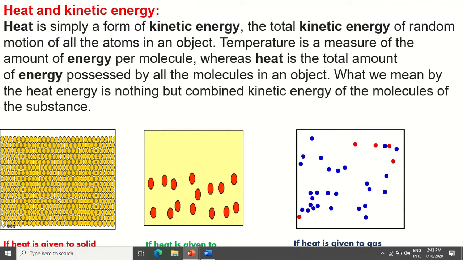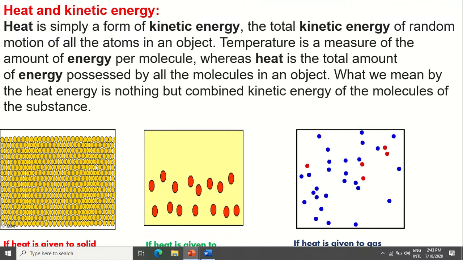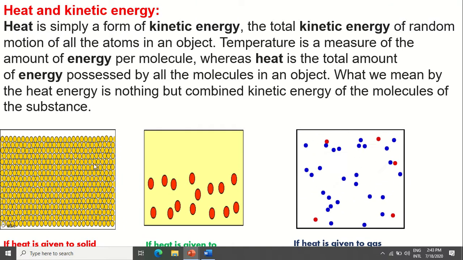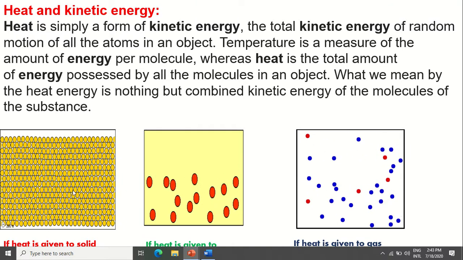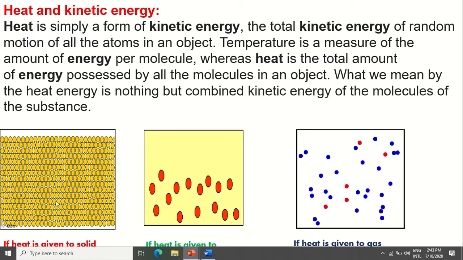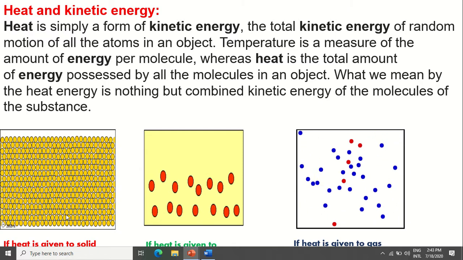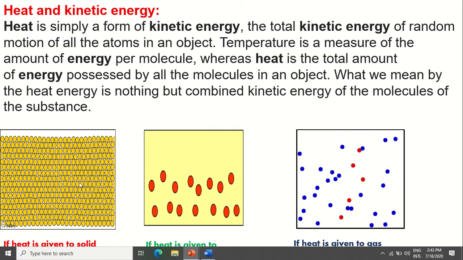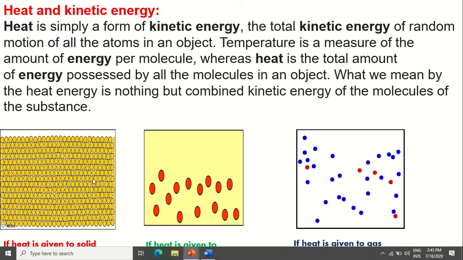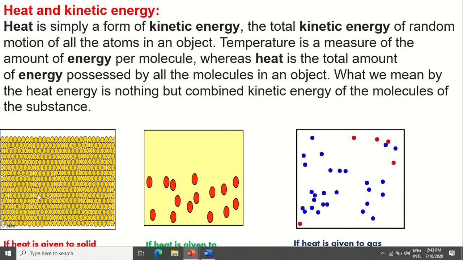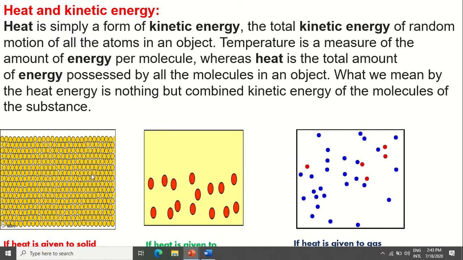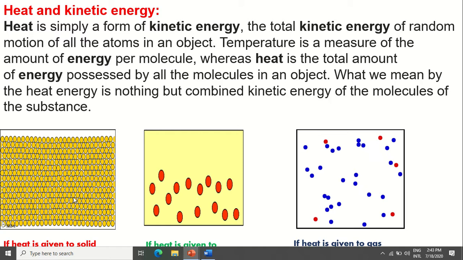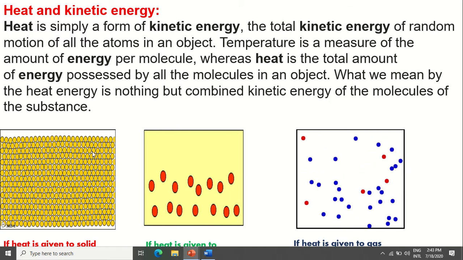Look here, in solid substance, molecules are closely packed and they have intermolecular force among them. So when heat is given to the solid object, what will happen? The molecules will vibrate in their respective equilibrium position, and they will not go from the equilibrium position.